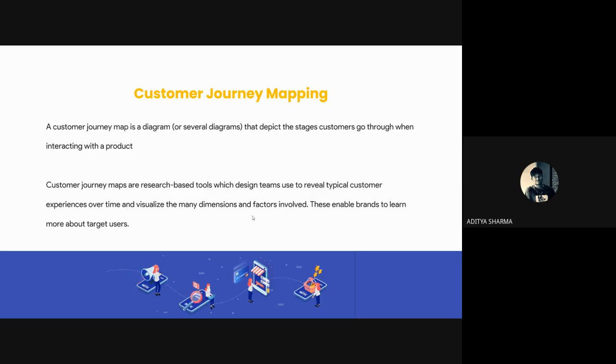Then you might select a user story based on adding some product into the cart, finally checking out and placing the order. You can understand at what place the user is feeling more engaged and at what place less engaged, what problems the user is experiencing in a particular state, and what you can do to improve that phase to increase the overall usability of the product. So customer journey maps help in a very nice way.